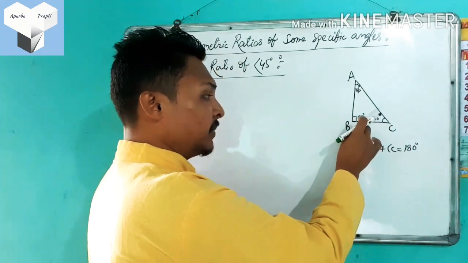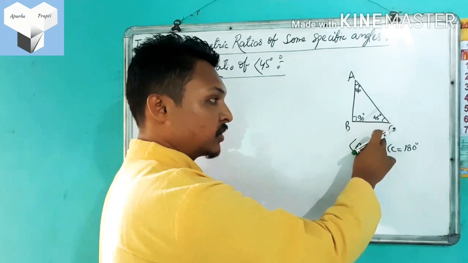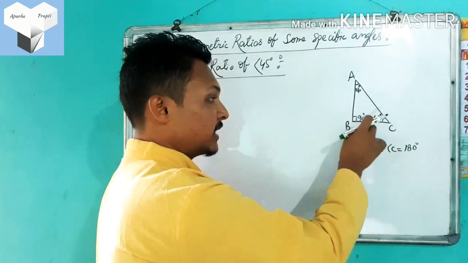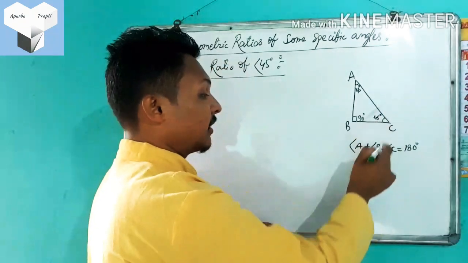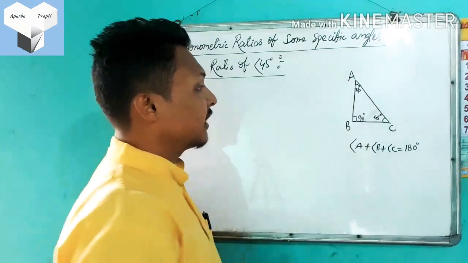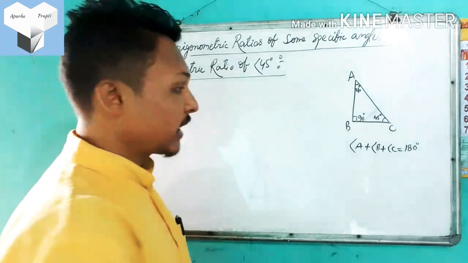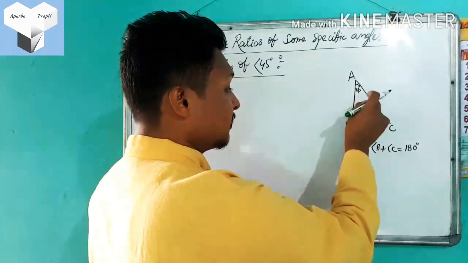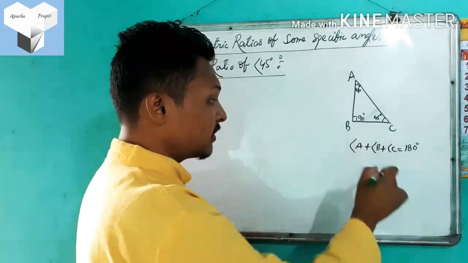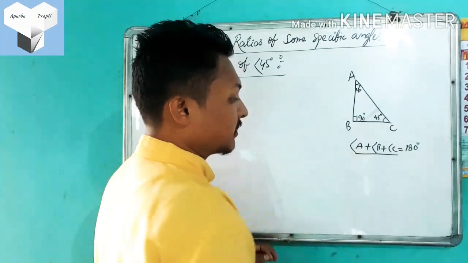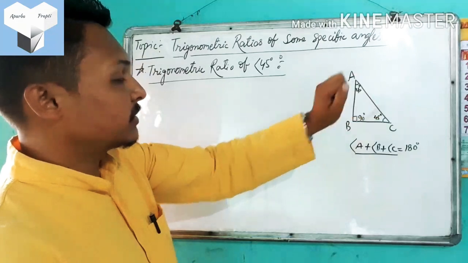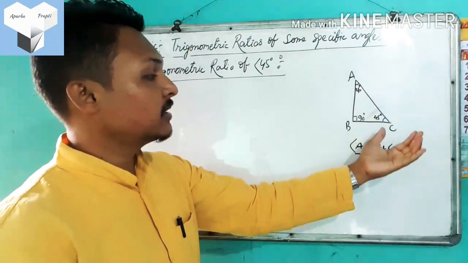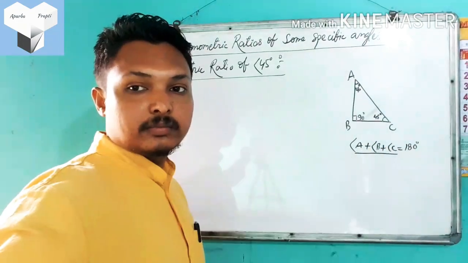So here angle B is given as 90 degree, angle C is given as 45 degree. So 90 degree plus 45 degree, then finally angle A will be 45 degree. If we put the measure of angle A as 45 degree, then it will satisfy the condition. Yes, so we have found angle A as 45 degree.